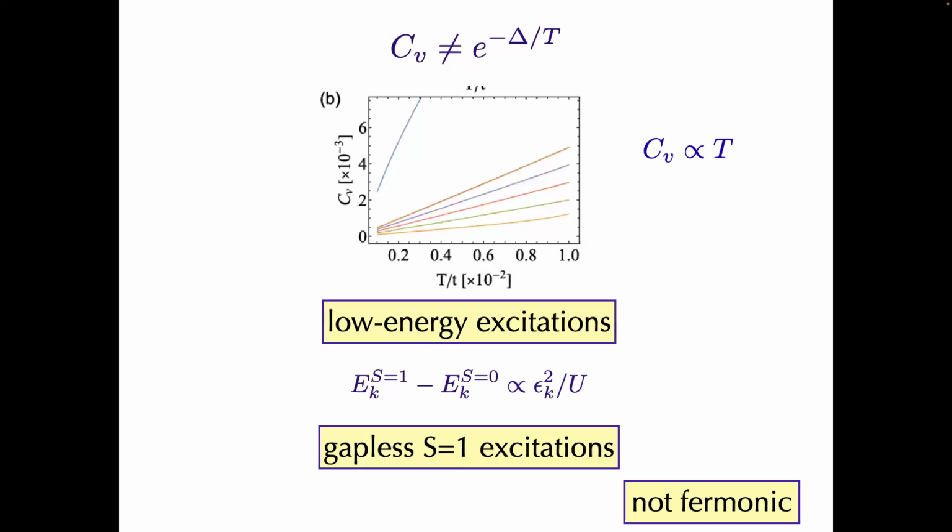So these are spin 1 excitations, they're gapless. Spin 1, so it's not a fermionic excitation. These are bosonic collective excitations, which are giving rise to the vanishing of the gap as you increase the size of the system.